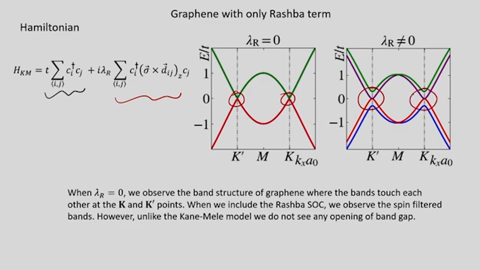So, it is a gapless scenario, there is no gap even with lambda R not equal to 0, and we have just done a Fourier transform of this, solved this model and plotted this dispersion.